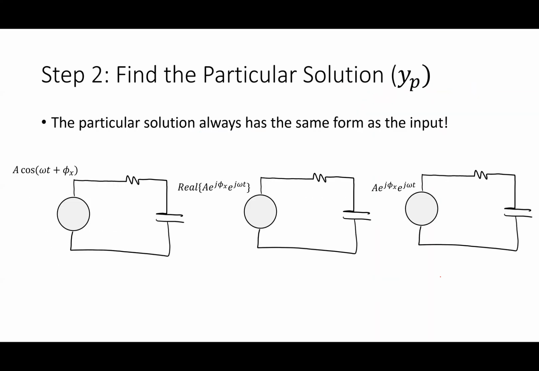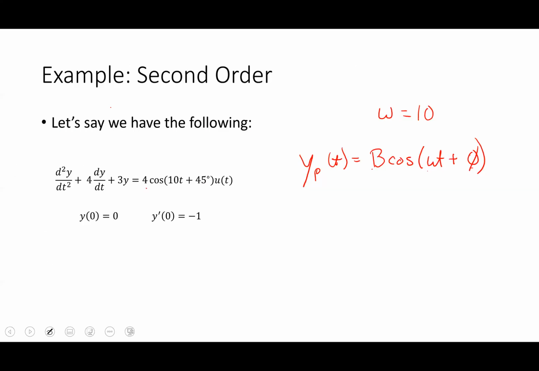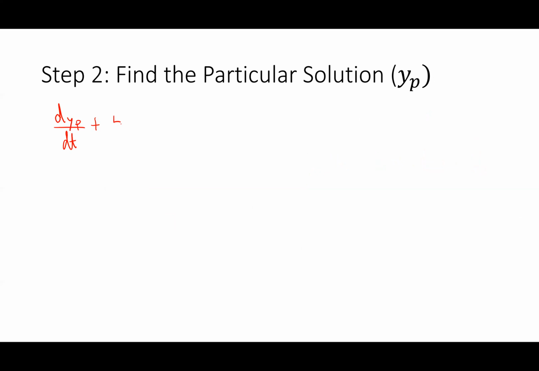So back to my equation here. What was it? This is my equation: d squared yp dt squared plus 4 dyp dt plus 3 yp of t equals 4 cosine 10t plus 45 degrees, for t greater than or equal to 0, like that, okay?